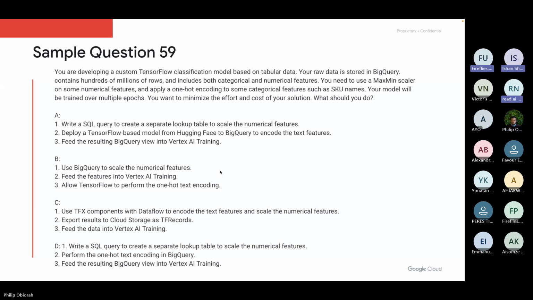It should be C, I think, because it uses TFX and Dataflow, calculating the minimum and maximum for scaling, or second, export the result to Cloud Storage as TFRecords. Okay. Any other suggestion?